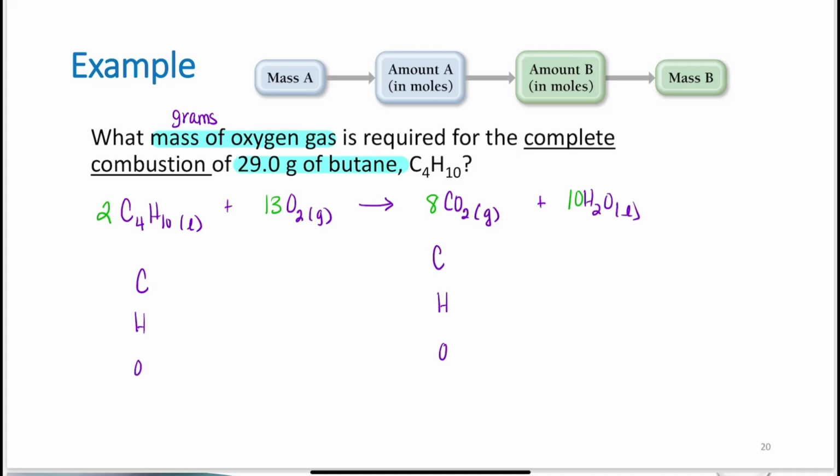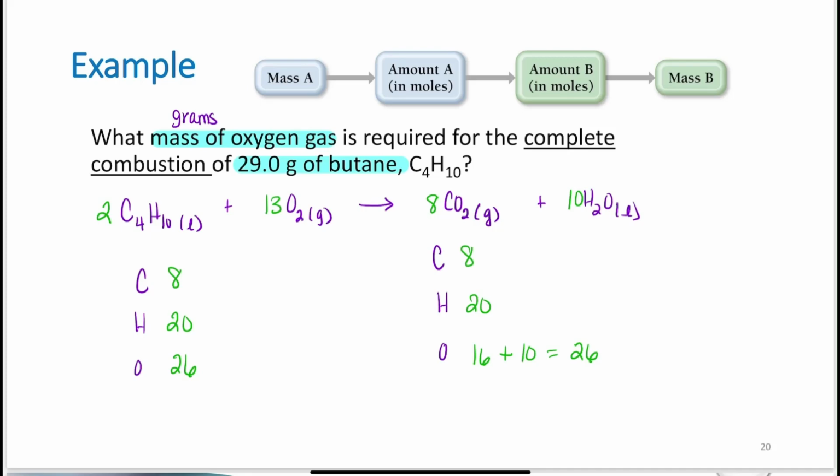Let's see if that's correct now. I've got 8 carbons, 20 hydrogens, and 26 oxygens. Here, 8 carbons. I have 16 oxygens here out of the CO2, 20 hydrogens, and another 10 oxygens, 26. It is now correctly balanced.